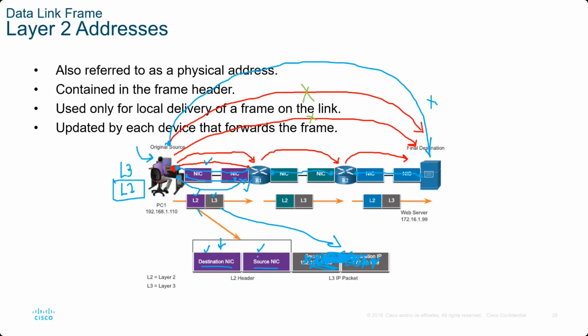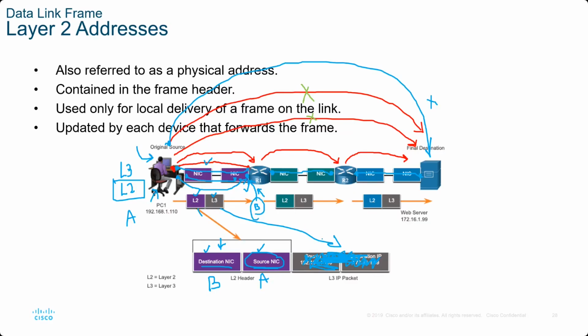So in the source MAC address, it just puts its own MAC address. Let's say it's A, so it will put A. And in the destination MAC address, it will only put the MAC address of R1's interface, which could be, let's say in this case, B. So if you look at the addresses in the frame, it just says, hey, I am computer A, and I'm sending this frame to R1 whose MAC address is B. And that's it.